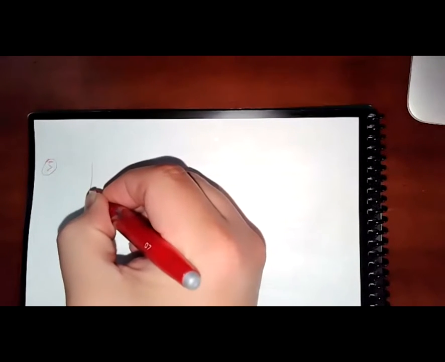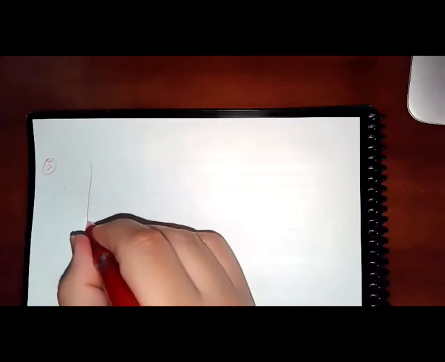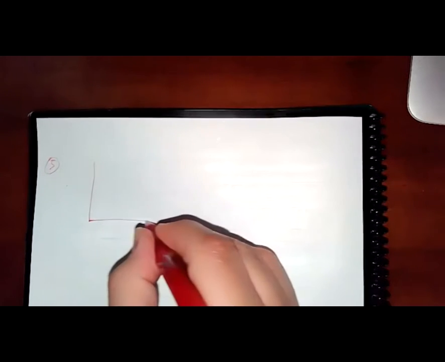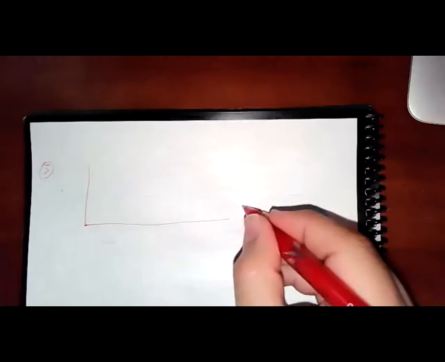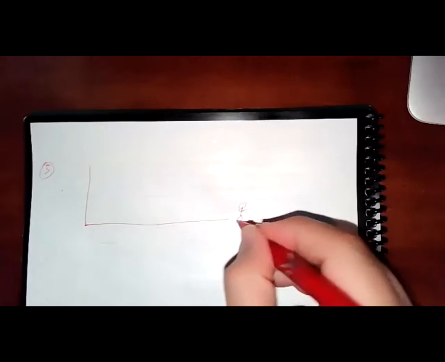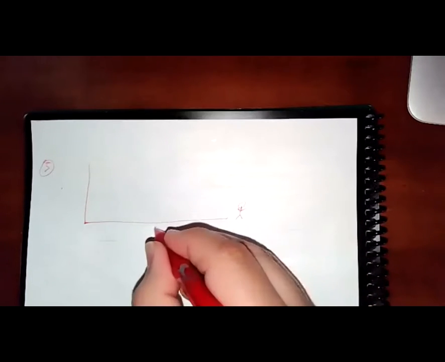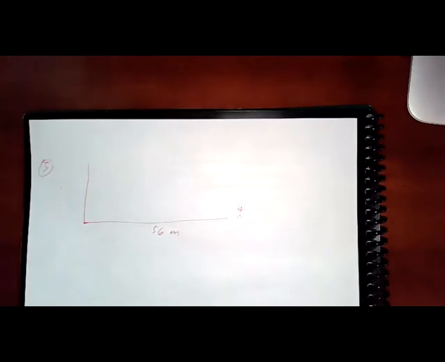Let's think this through a little bit. So I have a tower that's 56 meters, right? Oh, well, actually, that's how far away I am. Okay. So I'm over here just hanging out, I guess. 56 meters from the base of the building. So this is like my building here.